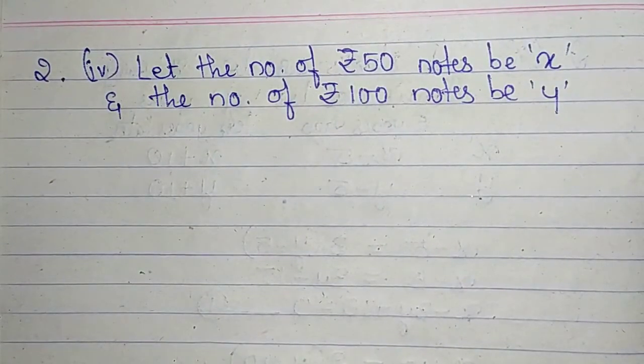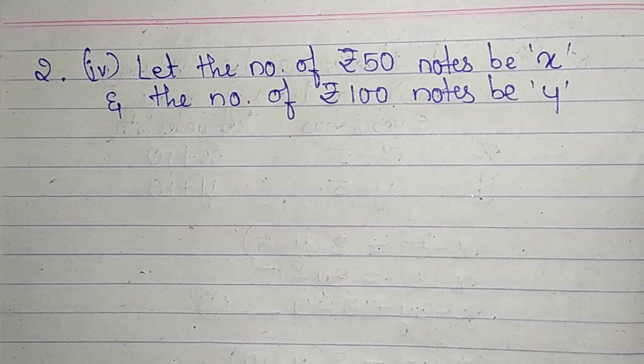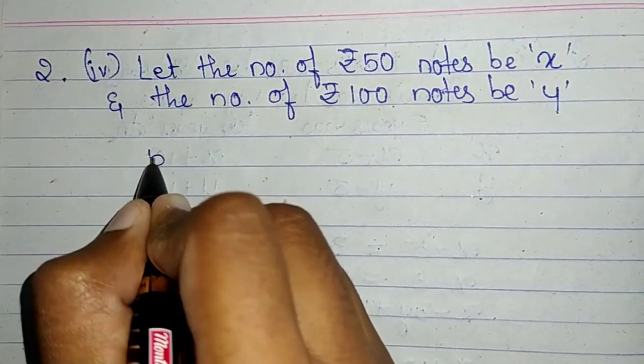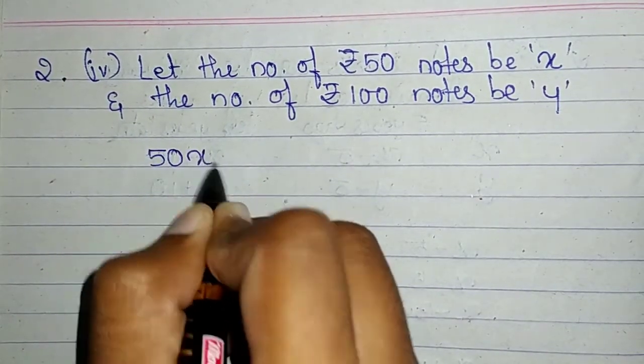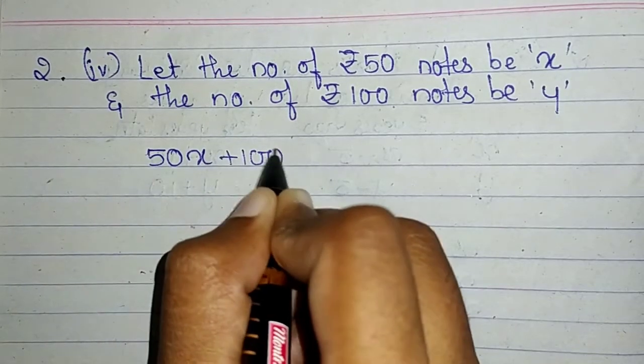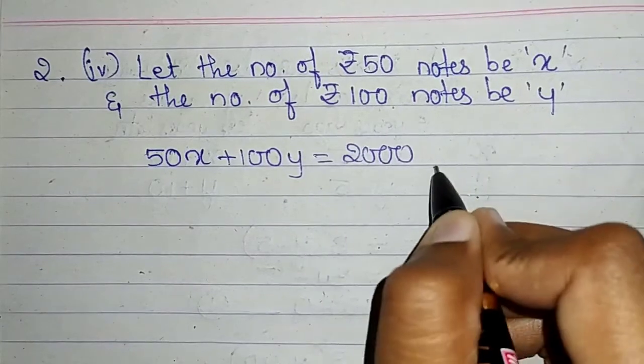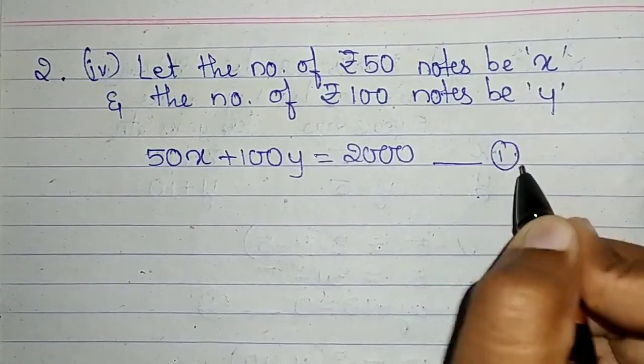So the first part of the question says, she asked the cashier to give her 50 and 100 rupees notes only, and she withdrew exactly 2000 rupees. So that means she got 50x plus 100y is equal to total 2000 rupees. This is our first equation.